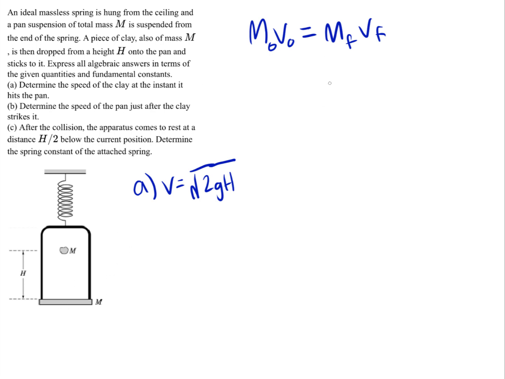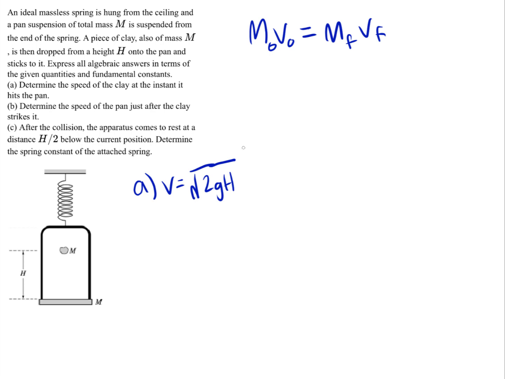When one mass sticks to another, the final mass is the sum of those two masses, and together they move at a slower velocity because of that. The momentum always stays the same; there's always the same amount of momentum before and after a collision.